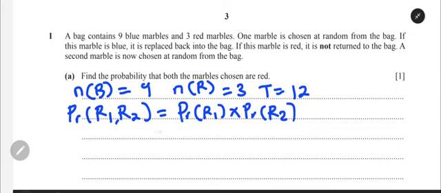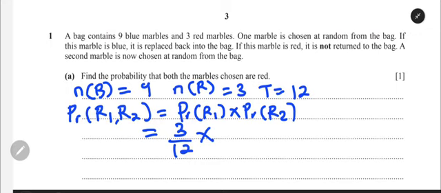When you select red in the first selection, the number of red marbles is 3 and the total is 12, so it will be 3 over 12. Now don't forget, selecting a red is without replacement. This will affect the probability of the second selection.